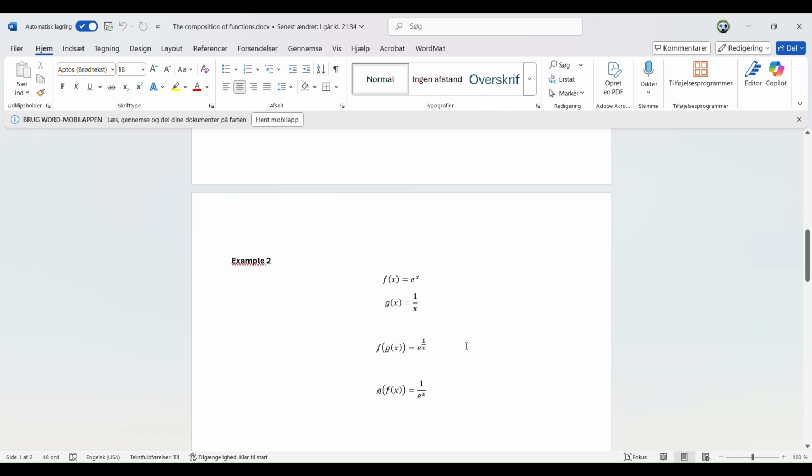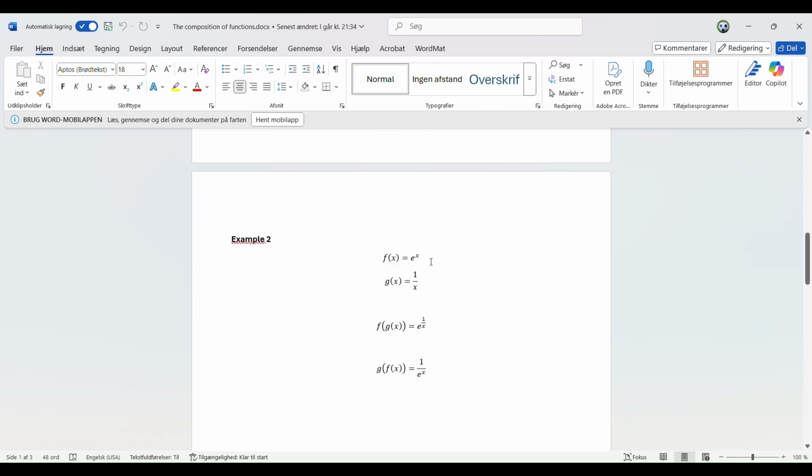Let's have a look at another one. This time we've got the functions e to x, e raised to the power of x, and we've got 1 over x, 1 divided by x. So in the first composition down here, g of x is once again the inner function.